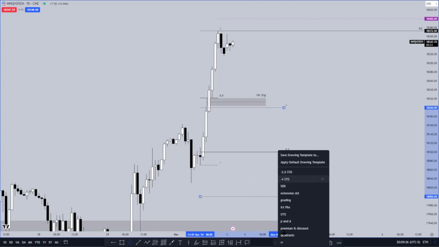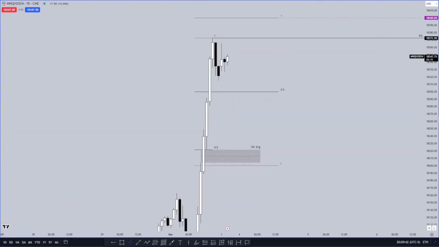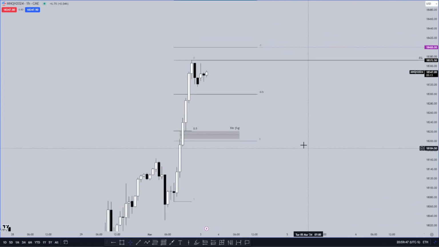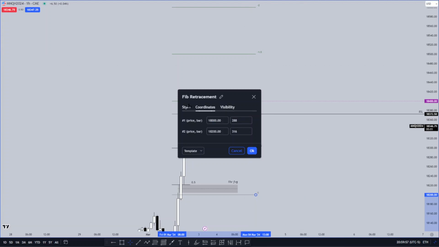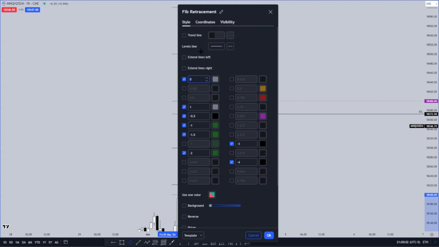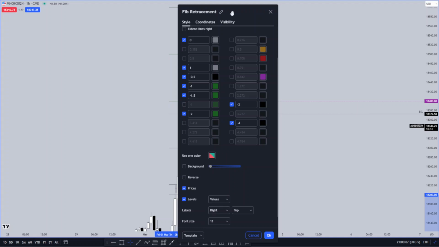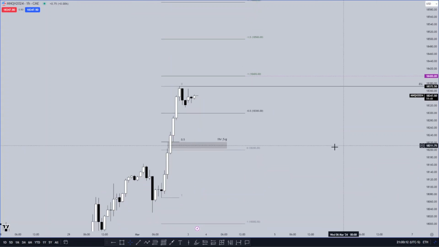Then if we try to get ICT fibs, one standard deviation is just here.